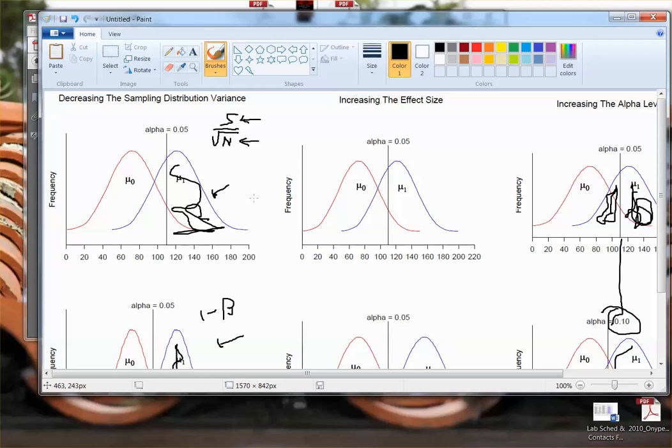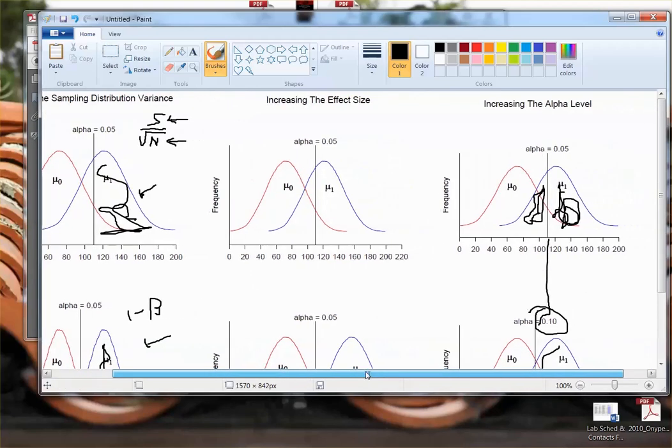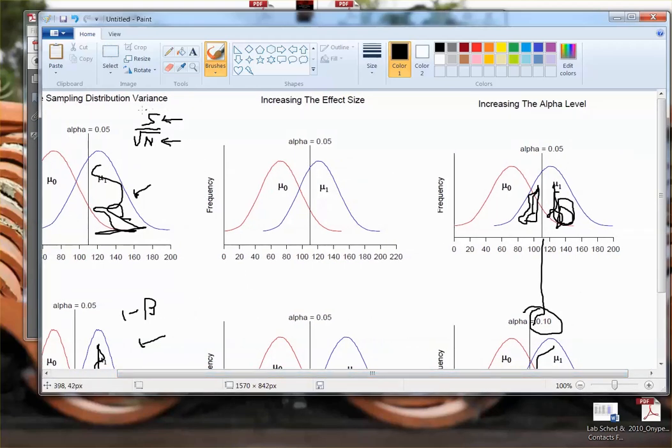So one easy way to increase power is to add more subjects, collect more data, and that's often a thing to do. But I would argue that this is a better way: you control those unwanted variables, you improve your measurement, improve your experimental paradigm in some way, shape, or form. That's much more preferred over just collecting more data.